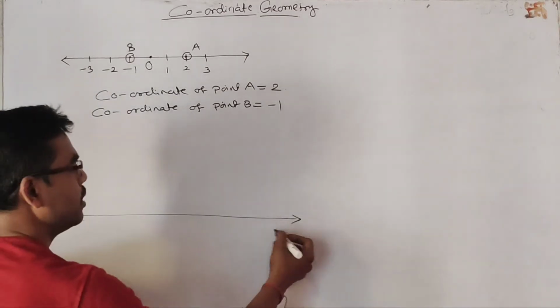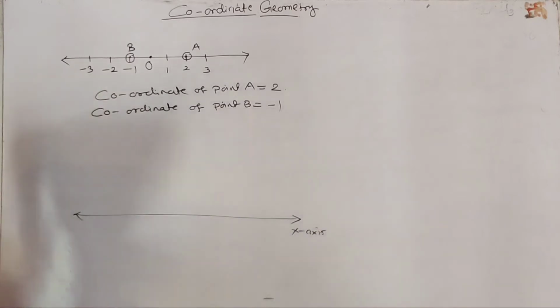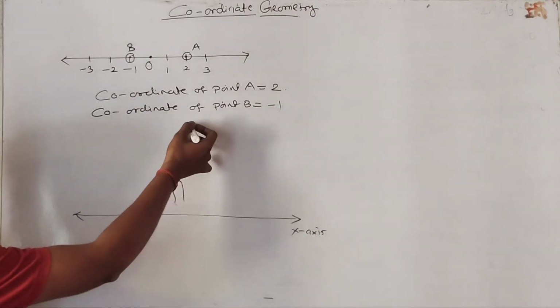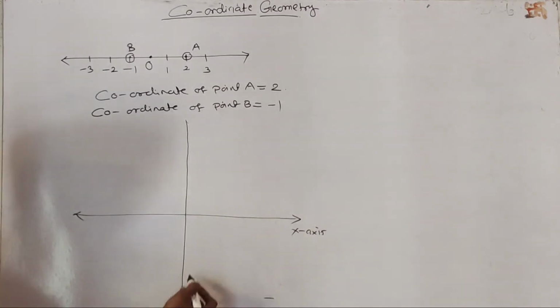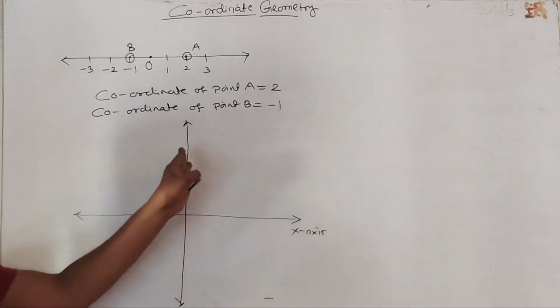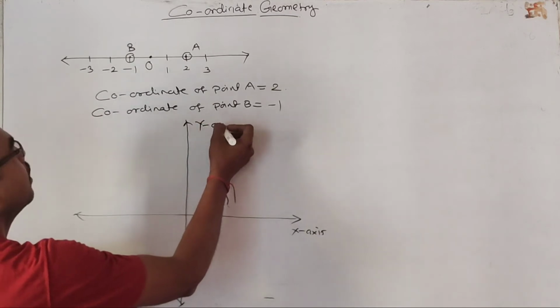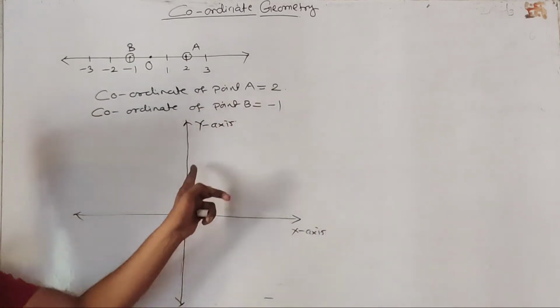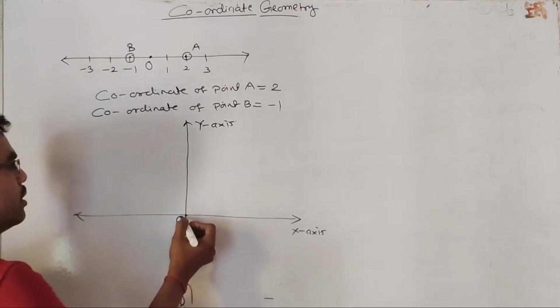This is known as x-axis, and if we intersect a perpendicular line to this x-axis, the vertical axis perpendicular to this axis is known as the y-axis. The intersection point is known as the origin. This is called origin.